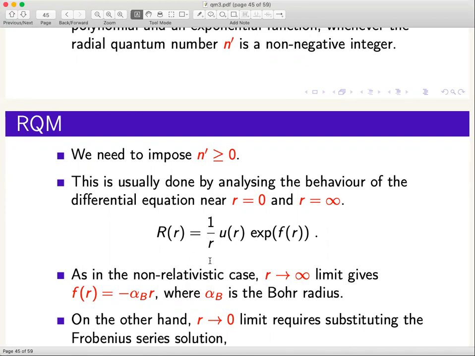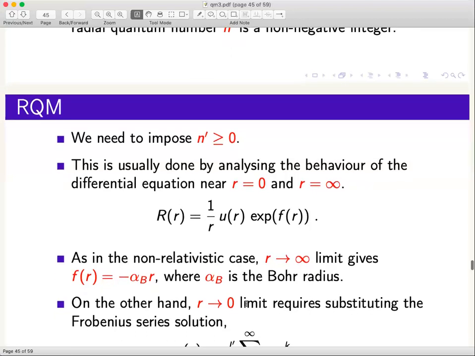As we did in the non-relativistic case, as r goes to infinity, whatever differential equation you get, you will find that f of r is just a linear function of r: minus alpha b times r, where alpha b is the Bohr radius. So that fixes the exponential function. It is just the exponential of minus alpha b r.